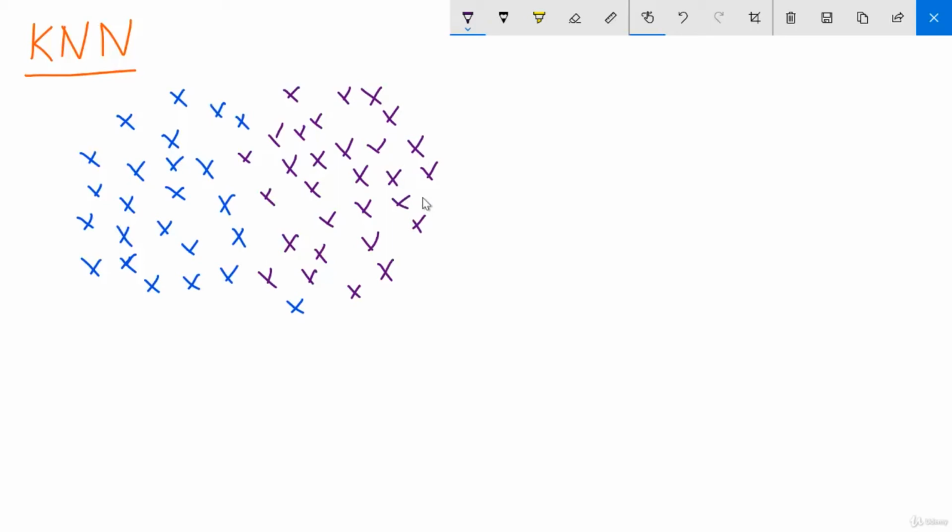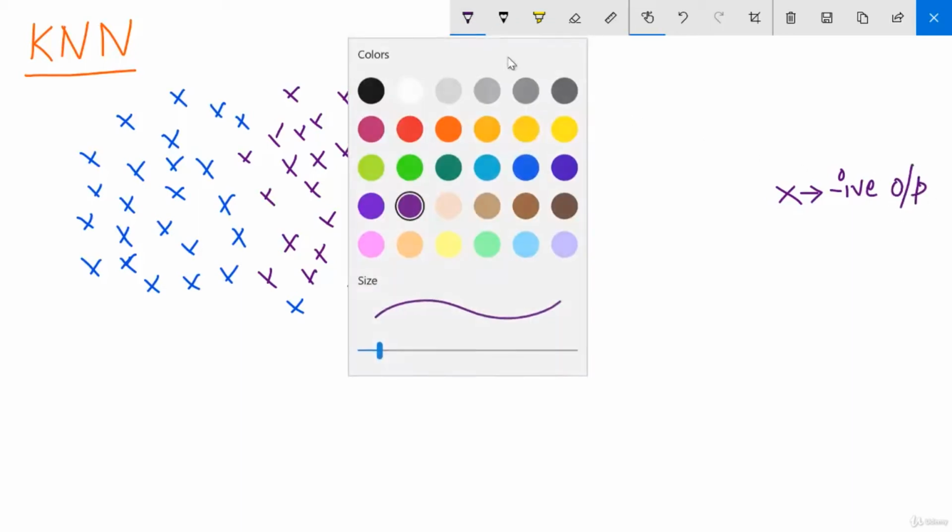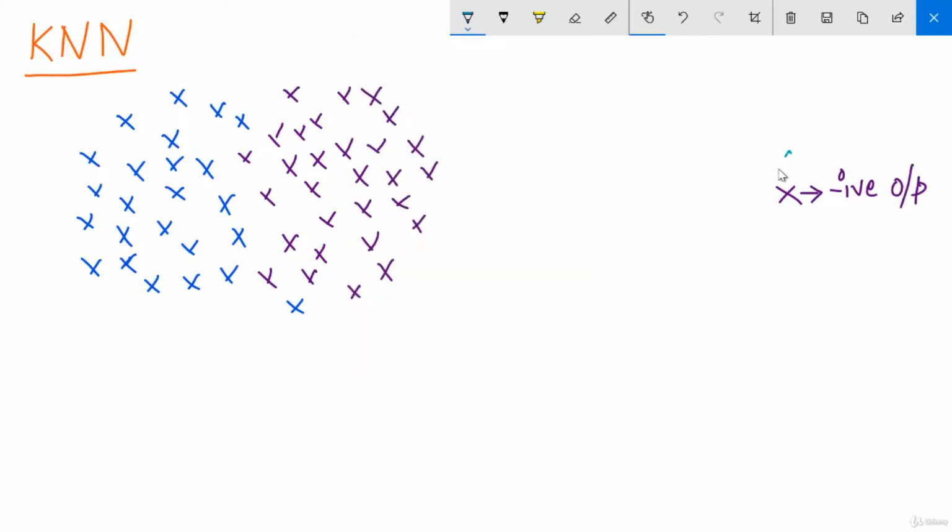Okay, so let us say this is my negative output and blue was my positive. Blue is my positive value and purple is my negative value.